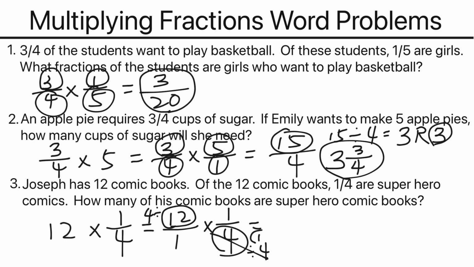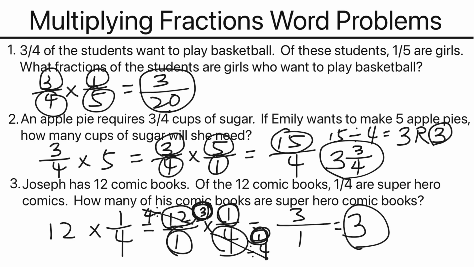So 4 divided by 4 would become 1. 12 divided by 4 would become 3. So now we just need to take the 3 times 1 equals 3. And 1 times 1 equals 1. So the answer is there are 3 superhero comic books.